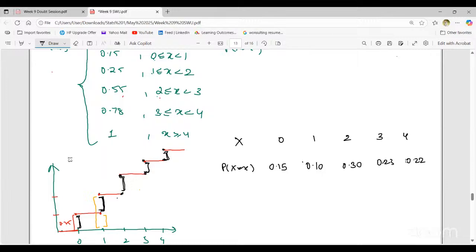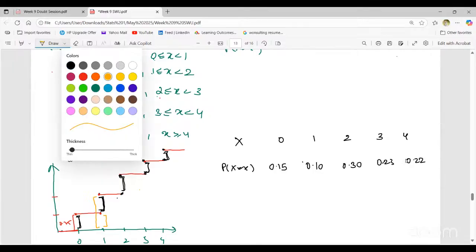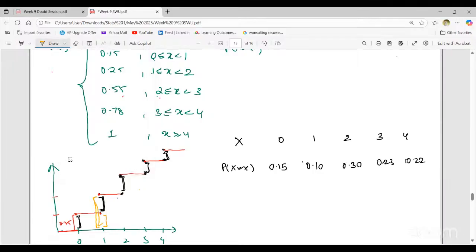Now is it clear? From the CDF, how we calculated the PMF? We just subtracted the length. So this part is basically my CDF, and this one is my PMF.